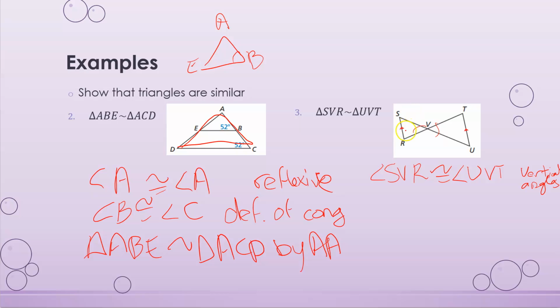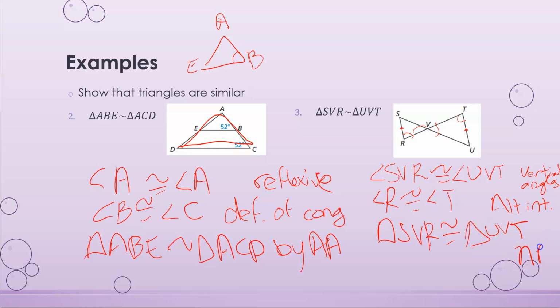Then I have angle R is congruent to angle T, and this is by alternate interior. So then the two triangles, that's a triangle symbol, I'm sorry, SVR is similar to triangle UVT by AA.